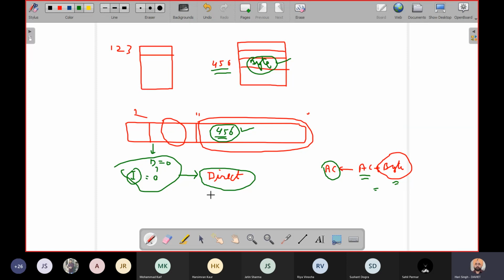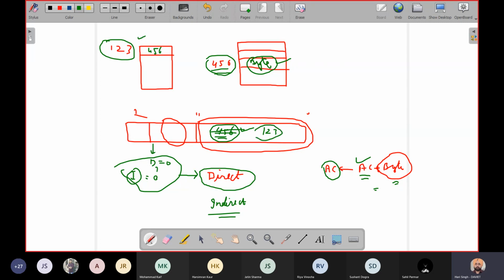And if the addressing mode used is indirect, then in the instruction, instead of the address of the byte, another address will be provided, say 1, 2, 3. At that address of this memory location, 456 will be given. So the microprocessor will have to obtain the address of the memory where the byte is placed, which is to be added to the accumulator, from the memory of address 1, 2, 3.